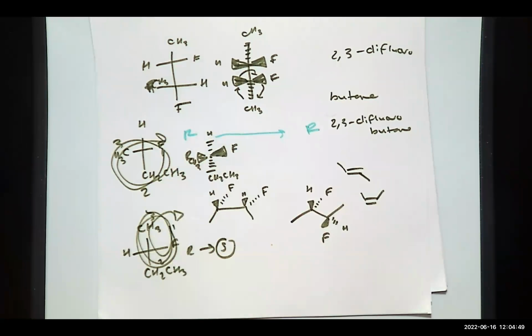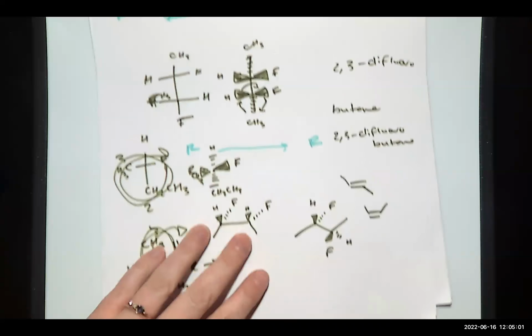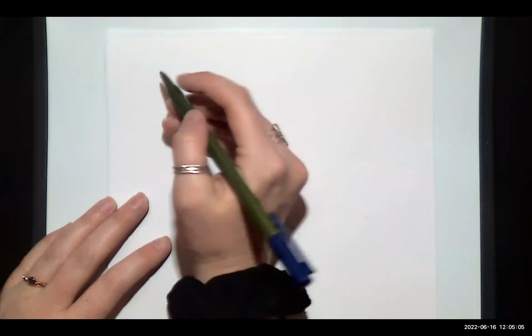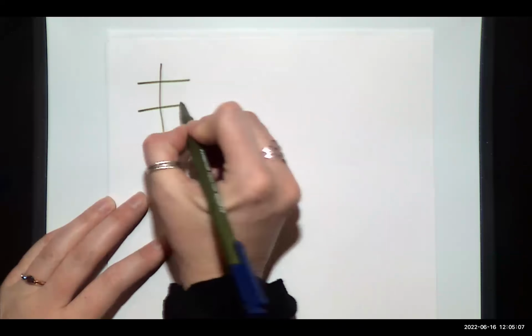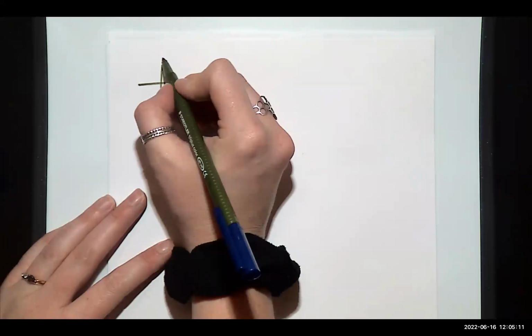So I tend to use these when I have diastereomers, or when I have two chiral centers, to check for what's a diastereomer and what's not. Because it's really easy to decide that you're just going to choose a molecule and line it up. So say we have, I like to use a model to help me not screw things up.